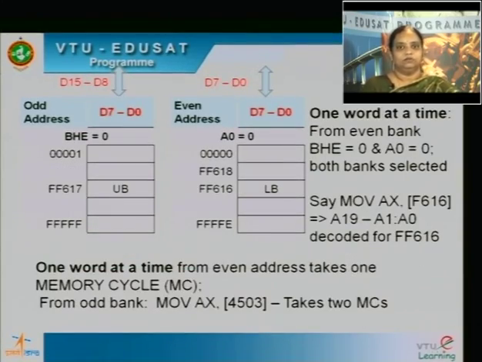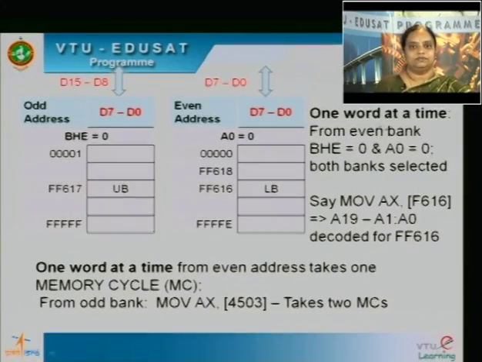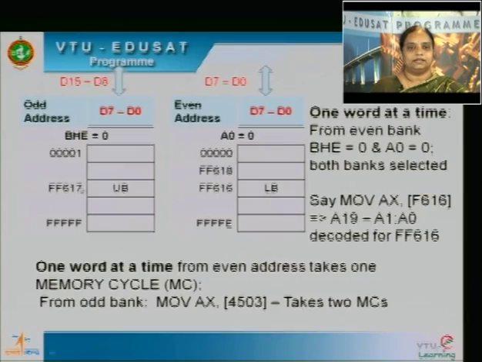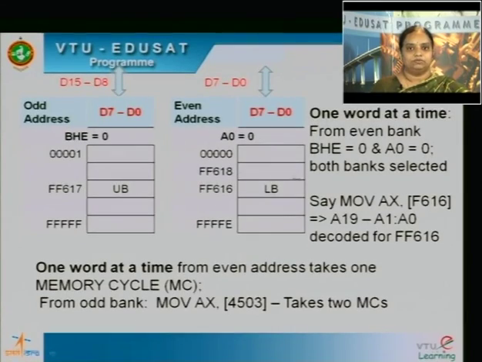So before we go, we'll just check what happens if the word is at an even address. So we make both BHE and A0 equal to 0, 0. So the lower byte is stored at the even address and the upper byte is stored at the next odd address. So 616 contains the lower byte and 617 contains the upper byte. So when I activate both of them, how do we activate both of them?